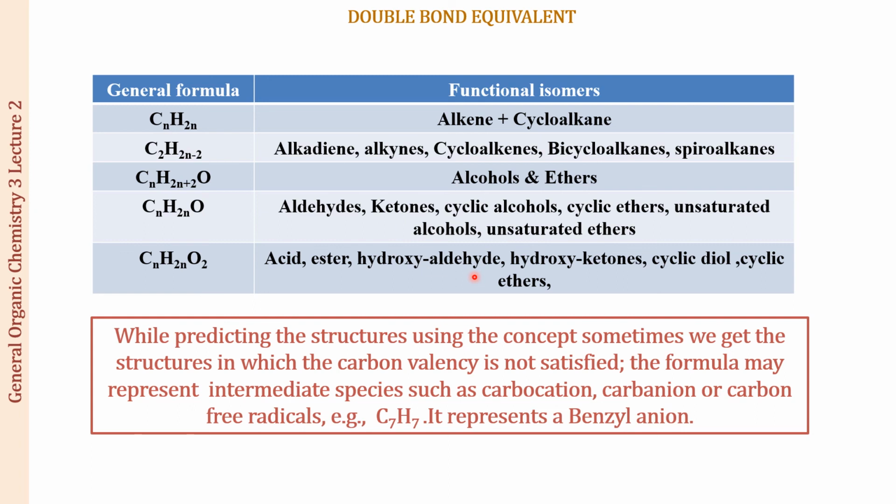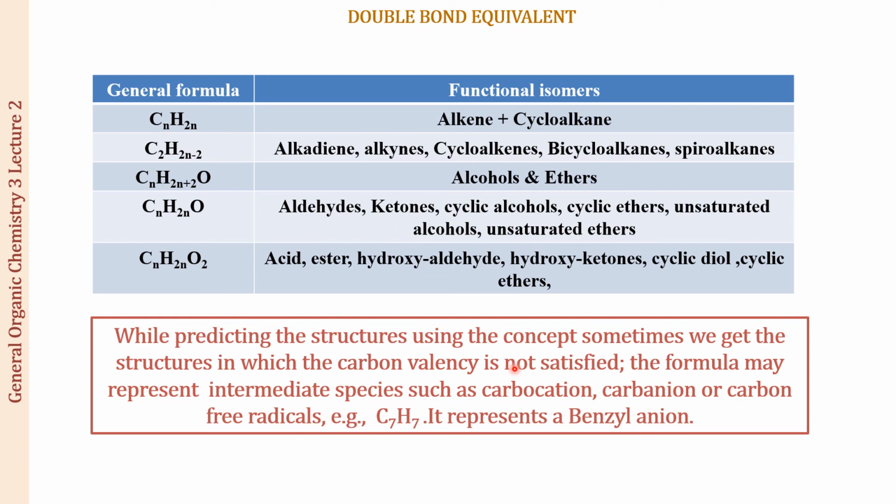Now before we conclude, there is one small thing which can come as a query from you. In case, while you are writing the structures using this DBE concept, you get a structure where the carbon valency is not satisfied, or you are getting a fractional number, it is not a 1, not a 2, it is coming up as 2.5 or 3.5, then what are you going to do?